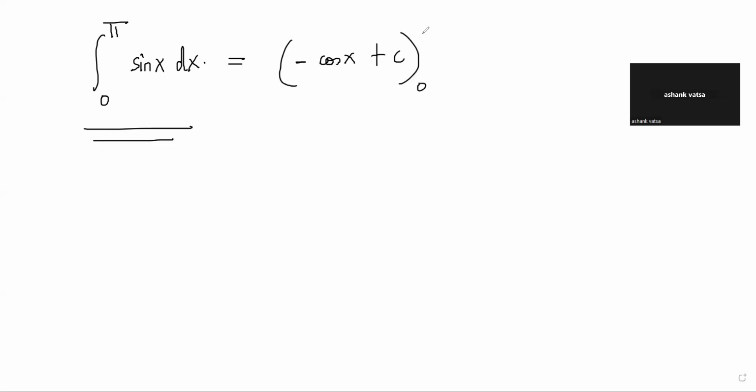So let's calculate. Have you done any questions in this definite integral thing? No, sir. Do you have any problems? What is integral 0 to pi of sin x dx? Minus cos x. No, calculate it correctly. You are still making a mistake. Wait, sir.